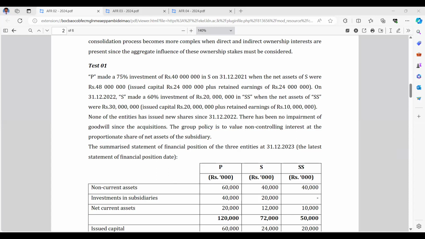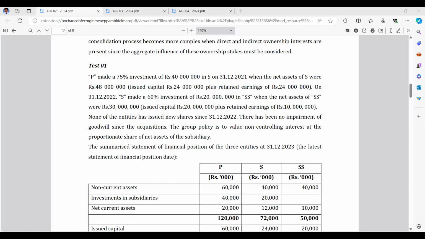11,000 goes to NCI. The NCI account is credited, stated capital of SS, it is 11,000. Right, I dealt with that one.